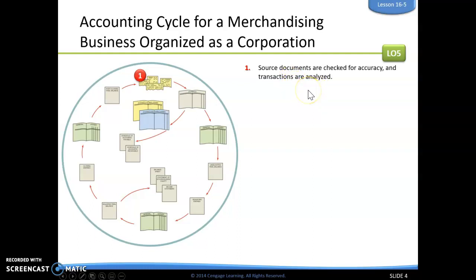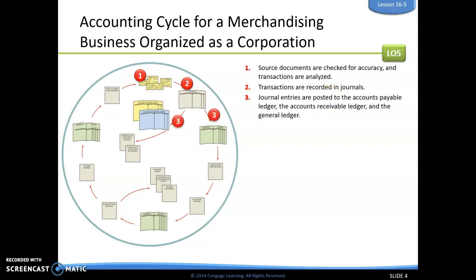Number one, our source documents are going to be checked for accuracy and transactions are going to be analyzed. Number two, we're going to take those transactions and record them into journals. Number three, our journal entries then are going to be posted to our accounts payable ledger, our accounts receivable ledger, and our general ledger.